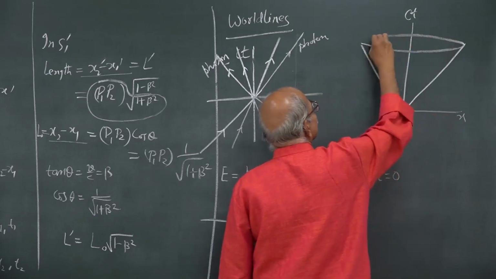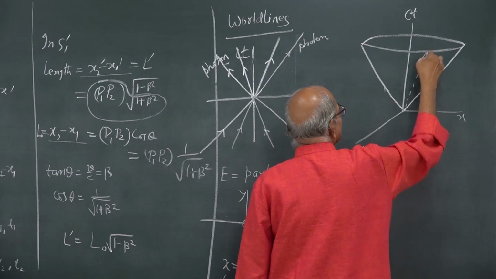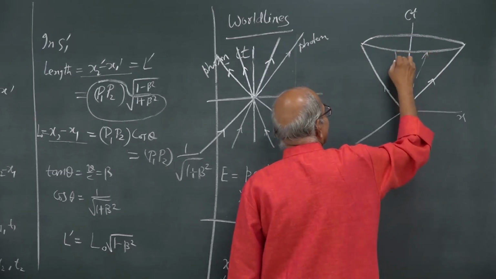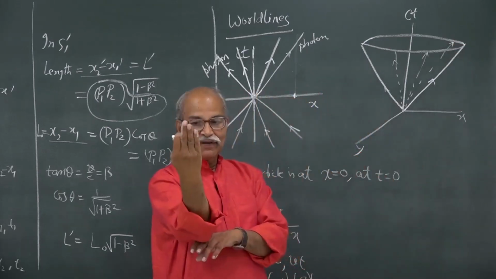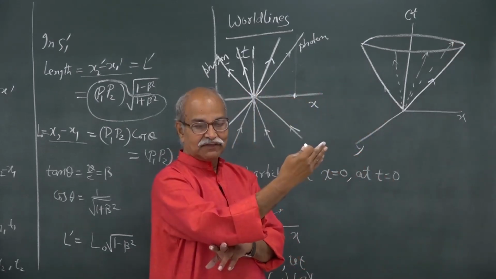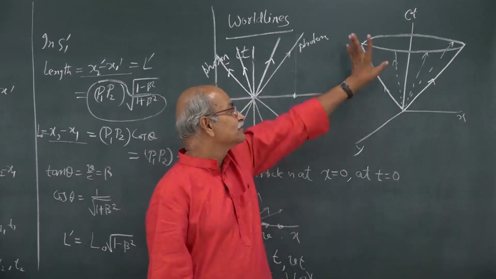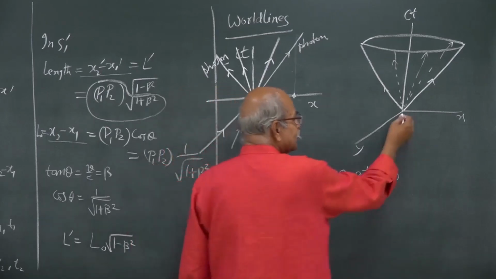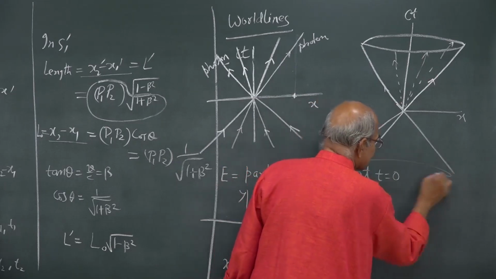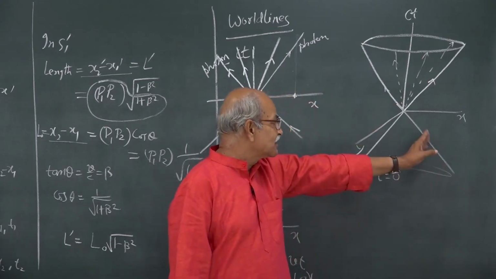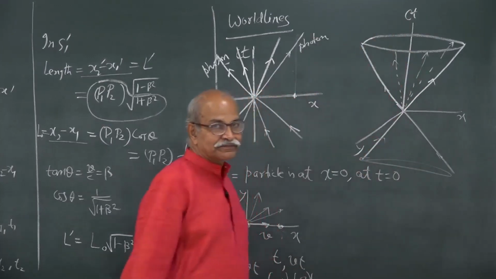So, on the surface of this cone, these are the possible lines. It can be this way 45 degree or this way 45 degree or this way. So, it is a cone. And similarly, if I extend this cone on the other side, then this will represent the photon coming from here, this is the world line, the photon is coming from here, and so on.